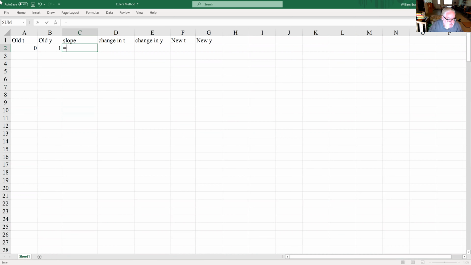So it's going to be equal to y over 10, so y1 divided by 10 times 10 minus 1. So there's our 0.19 slope. That should be 0.9, I think.